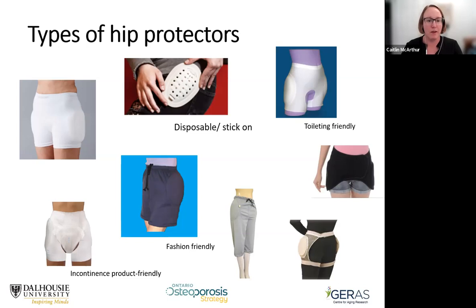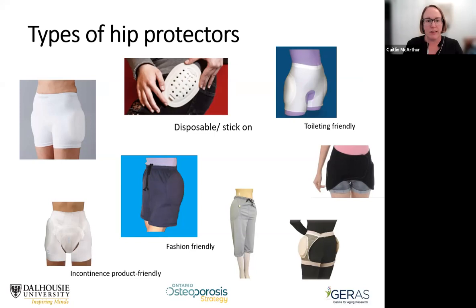So they might be like a pair of shorts, like the one in the middle that's blue, where the hip protector is actually built into the shorts or the pants. And then others are more like wraps that you can wrap over top of clothing. So the ones on the bottom right, for example, are ones that you wrap or wear over top of your clothing.